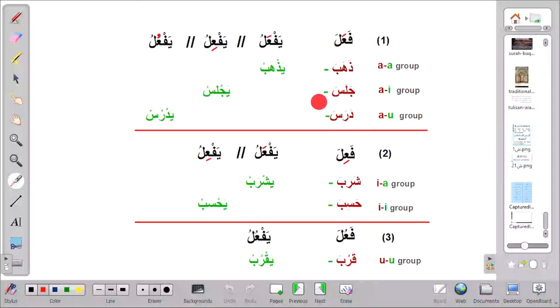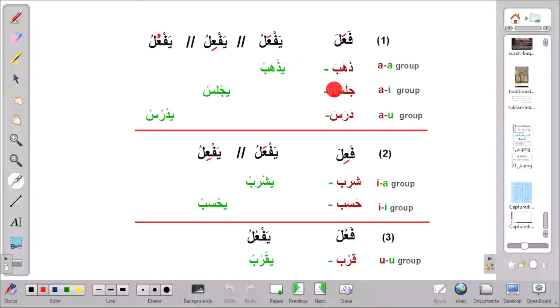But as to which of these three the mudore, the present tense, will be, it could fall within these three possibilities. As I just said, for example, zahaba, its mudore is yazhabu, yaf'alu. The second last letter is taking fatha. That's the ain kelima.